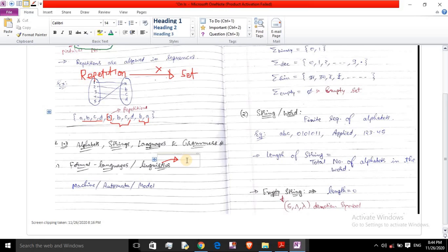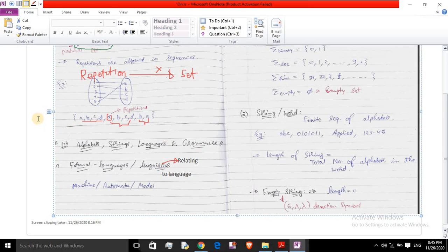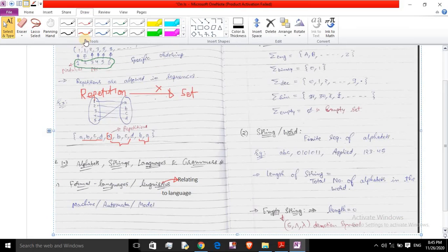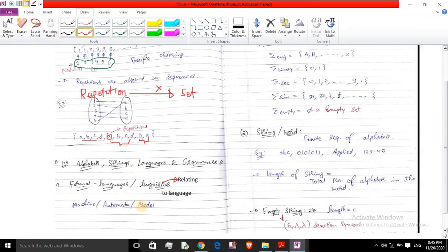Now, what is it? It is formal language, relating to language. What am I saying?